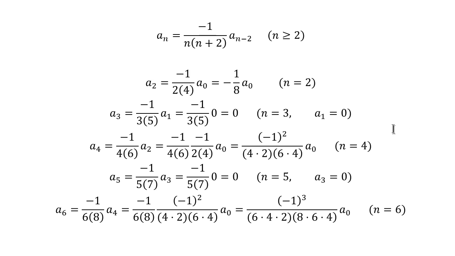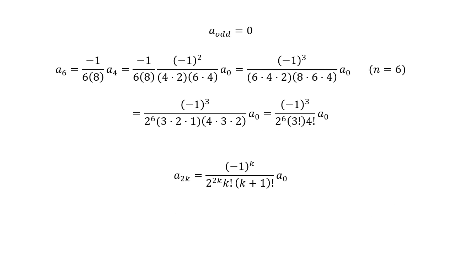So we see that all the odd terms will be 0: a1, a3, a5, a7, they're all 0. Whereas a6, if you write them out, you start seeing some pattern. Okay, so we conclude that the odd terms vanish, but the even ones, if you rewrite them carefully, you end up with this term.